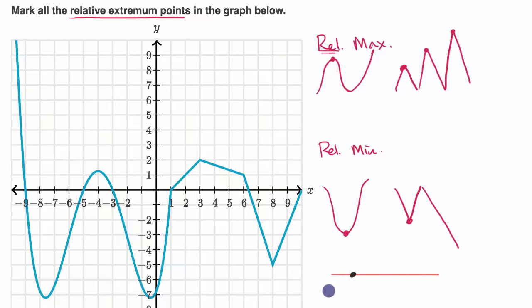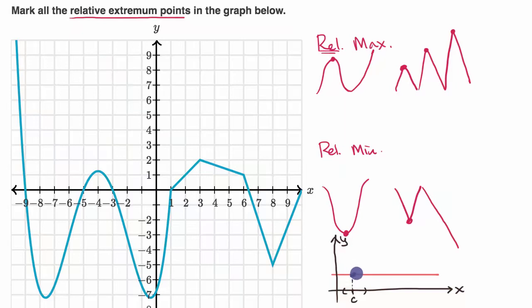For example, if this is our x-axis and this is our y-axis, and this is x equals c, if you construct an open interval around c, you notice that the value of our function at c, f of c, is at least as large as the values of the function around it. And it is also at least as small as the values of the function around it. So this point would also be considered a relative minimum point. But that's an edge case that you won't encounter as often.